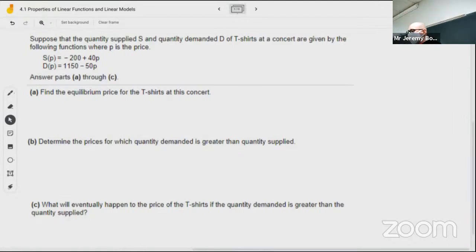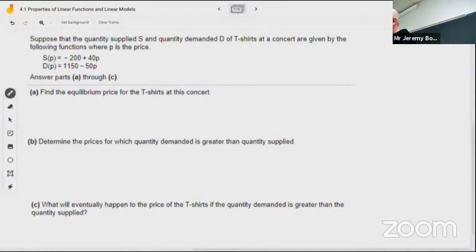We want to find the prices for which quantity demanded is greater than quantity supplied. And then we also want to know what will eventually happen to the price of the t-shirts if the quantity demanded is greater than the quantity supplied. That is what we're trying to figure out.